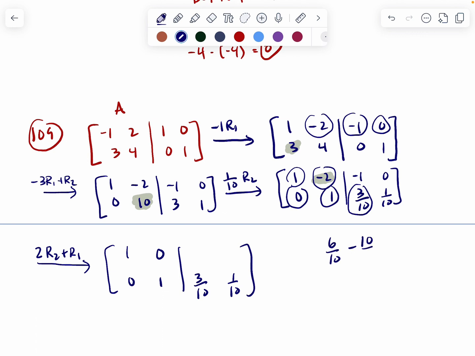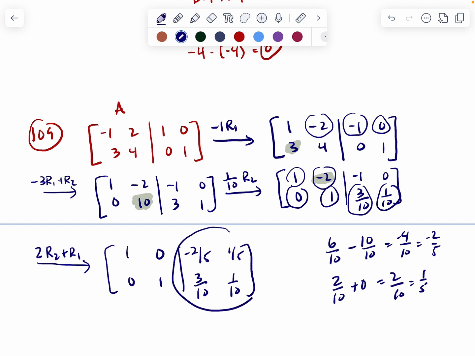That's like subtracting 10/10, so that's -4/10 or -2/5. And then I have 2 times 1/10, that's 2/10 plus 0 is 2/10, which is just 1/5. Okay, so your inverse matrix is going to be that. All right?